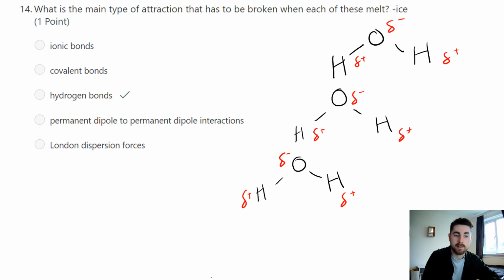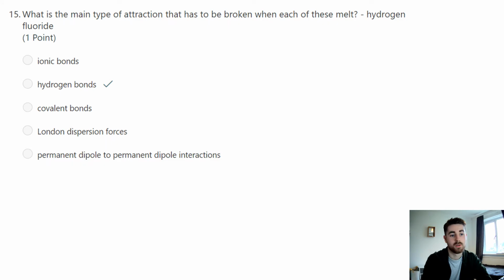What is being broken is the intermolecular forces, and specifically it's hydrogen bonding, because between the O and the H here we have a force of attraction known as hydrogen bonding. Remember, hydrogen bonding occurs between NH, OH and FH, and here we have OH, so it's going to be hydrogen bonding.